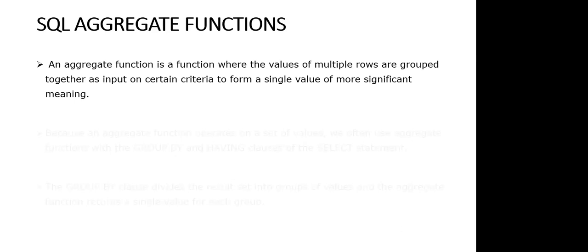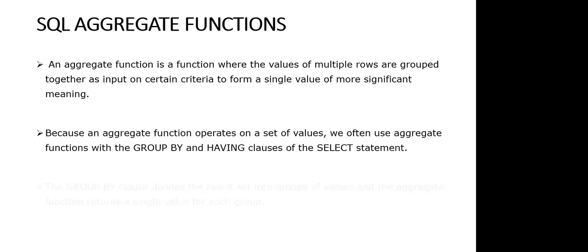So this is just what I said earlier, right? You have several rows of data and you want to group them together, maybe based on year, based on country, based on region, etc. Then you use aggregate functions in SQL to achieve this.